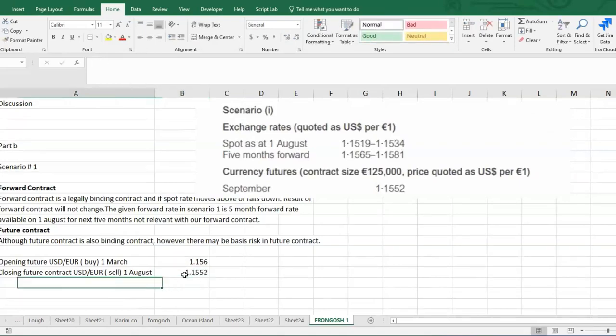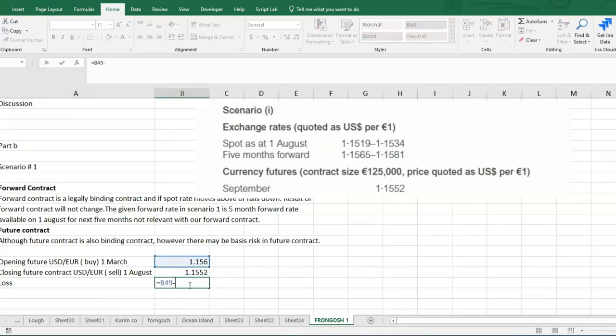Please tell me, is it a gain or loss? You have entered into a contract that you will buy euros at 1.1560. But now on 1st August, future rate is 1.1552. You are buying at higher rate, you are selling at lower rate. So that means it's a loss.